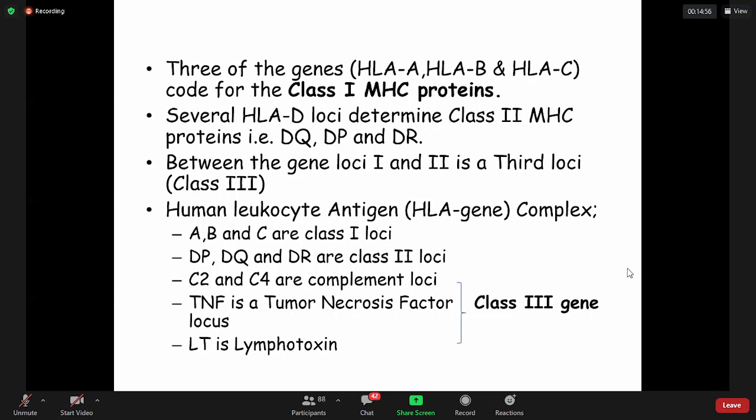Class 1 is coded by HLA A, B, and C. HLA D loci determine class 2, which is also subdivided into DQ, DP, and DR. And between the loci, there is a third class, which basically codes for complement.